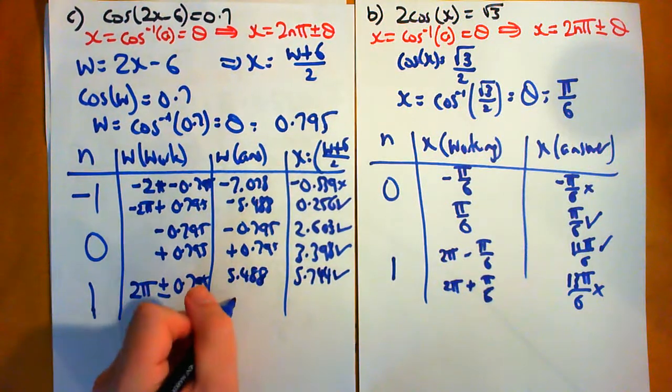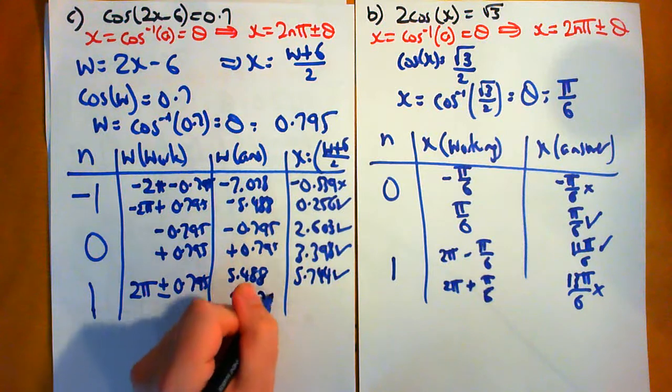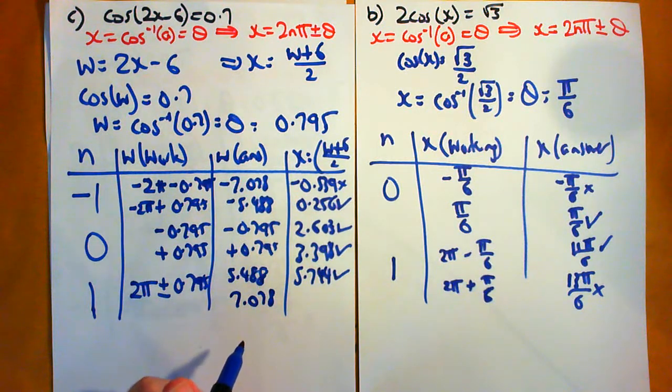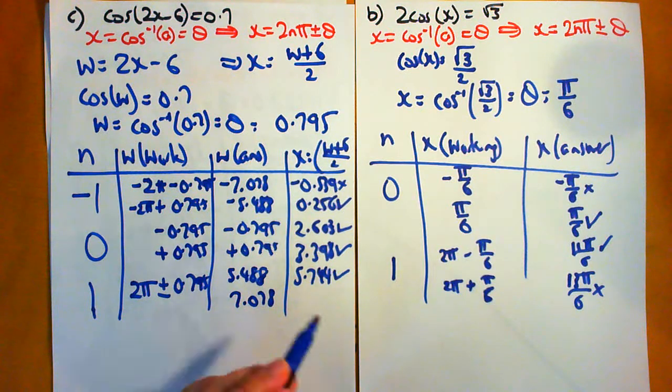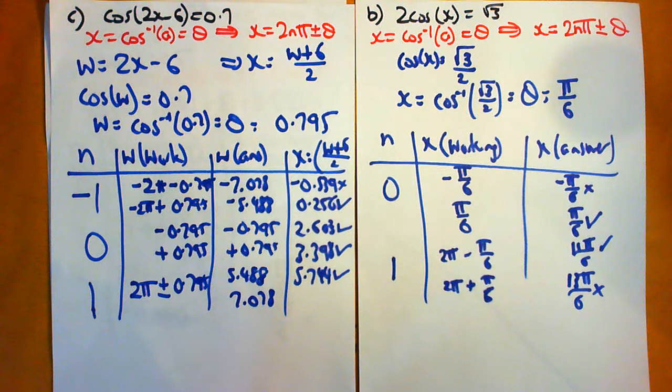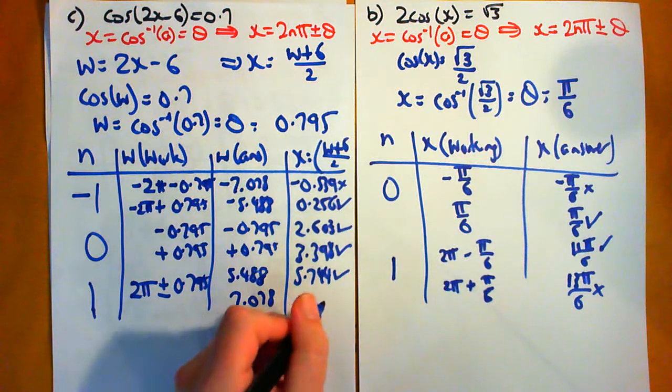And the next one would be 7.078. So that plus 6 would be 13.078. So if it was 13 and divide that by 2, we'd get 6.5, actually a little bit more than that, so it's definitely over 2 pi. It's too big, so the 2 pi plus solution is too big.